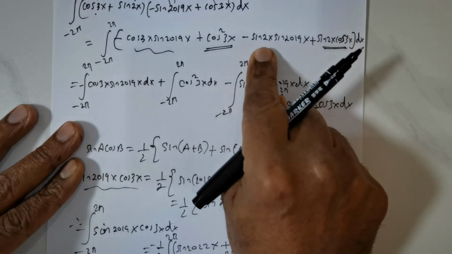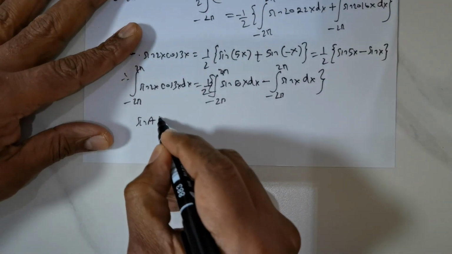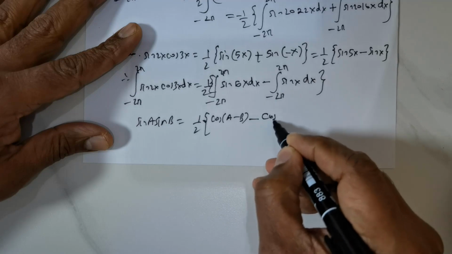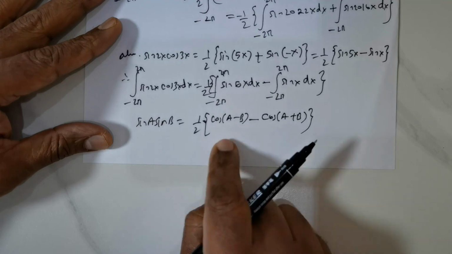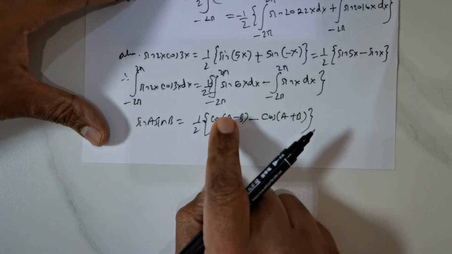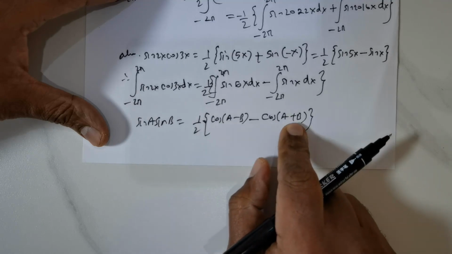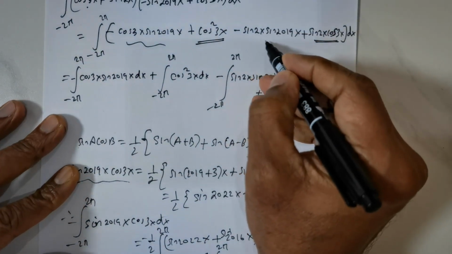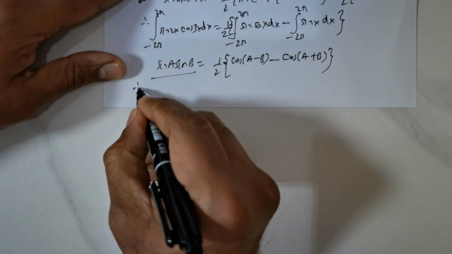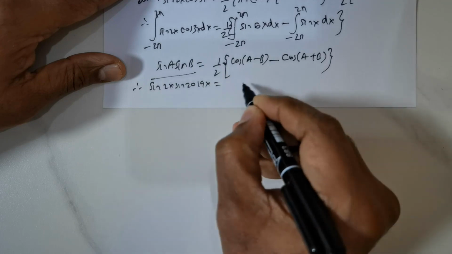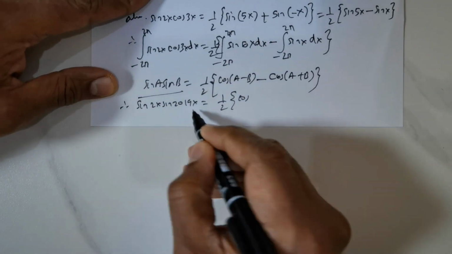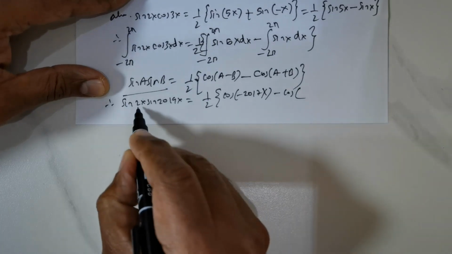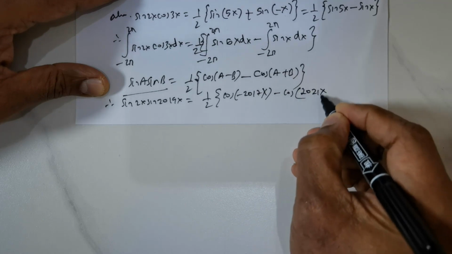Now we need to also evaluate this. There is a formula: sine A sine B is equal to 1 over 2 times cos of A minus B minus cos of A plus B. If you had to expand this, you would get cos A cos B plus sin A sin B, and over here you are getting negative, so that would produce us the sin A sin B. So therefore sin 2x times sin 2019x is equal to 1 over 2 times cos of 2 minus 2019, that's going to be negative 2017 times x, minus cos of 2 plus 2019, that's going to be 2021x.